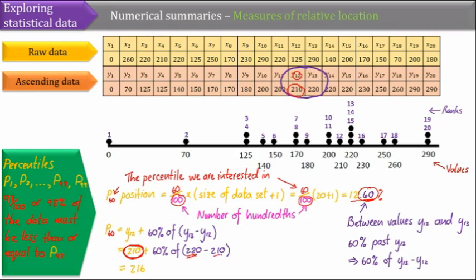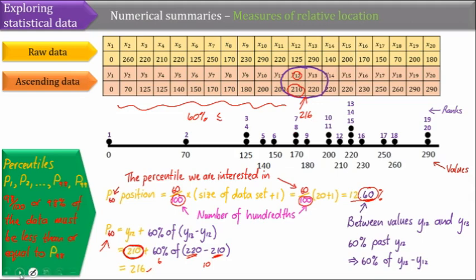That's 220 minus 210, that's 10. 60% of 10, that's 6. So we'll add 210 and 6, and that gives us 216. And that is the 60th percentile. So in here, we're going to have a value 216, and 60% of the values will be less than or equal to 216.